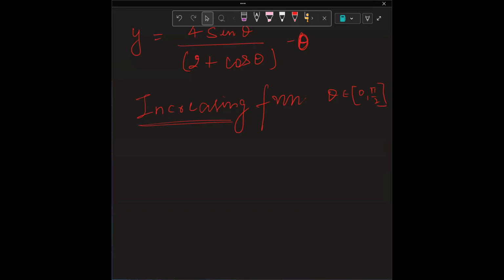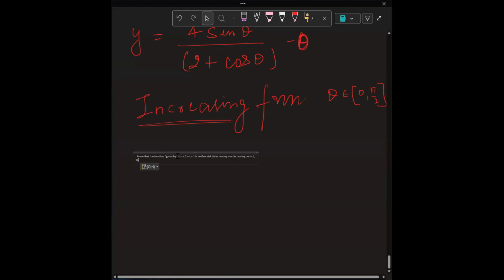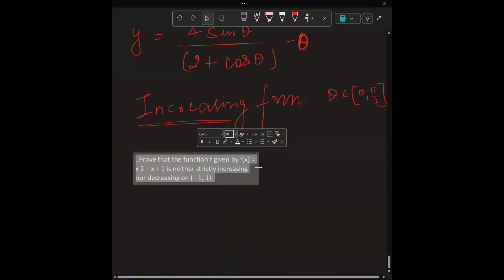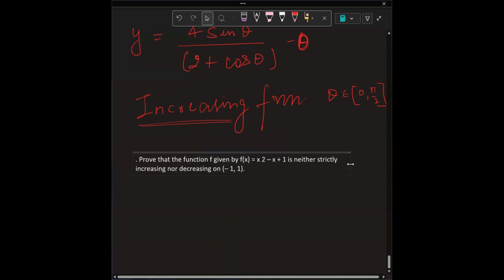So this is the ninth question from exercise 6.2. Neither increasing nor decreasing. Okay, just do this question.